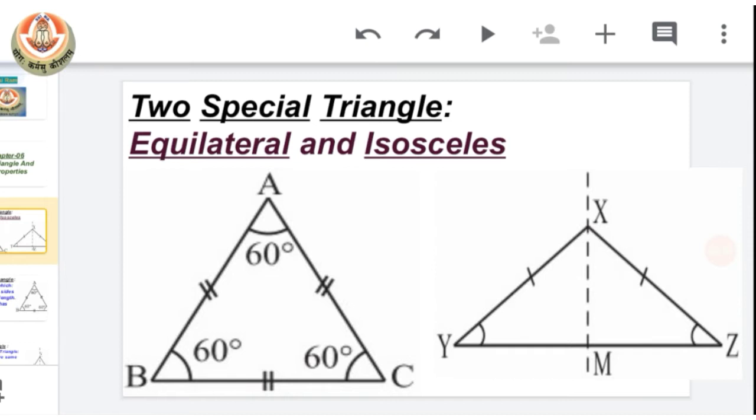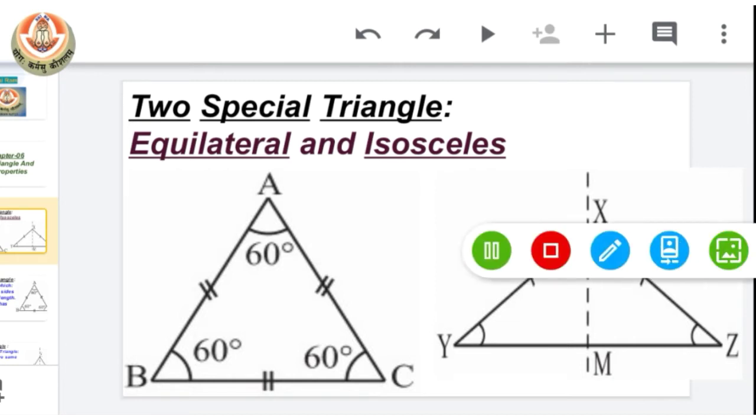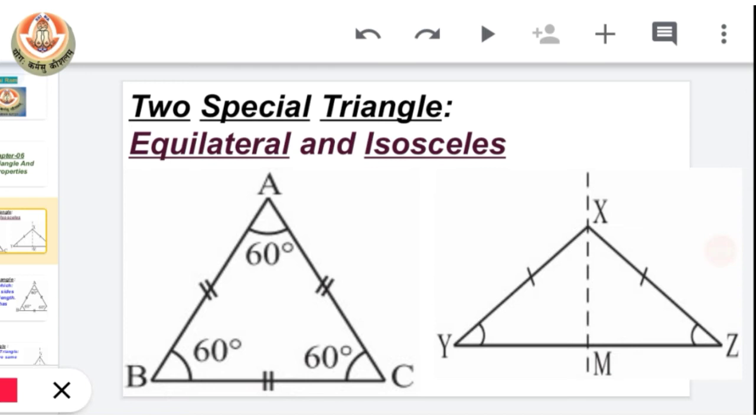As we all know, an equilateral triangle is one in which all the three angles as well as all the three sides are of equal measure, whereas an isosceles triangle has two sides of equal length.